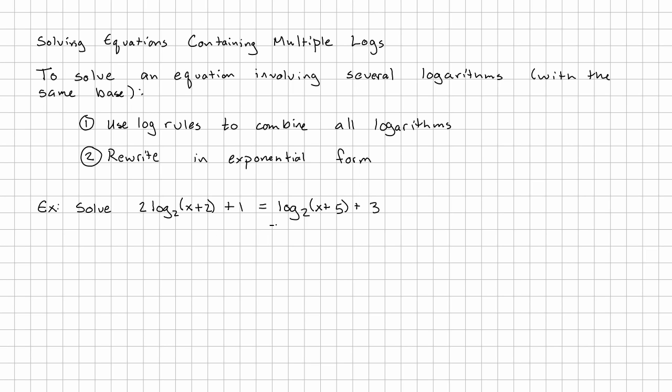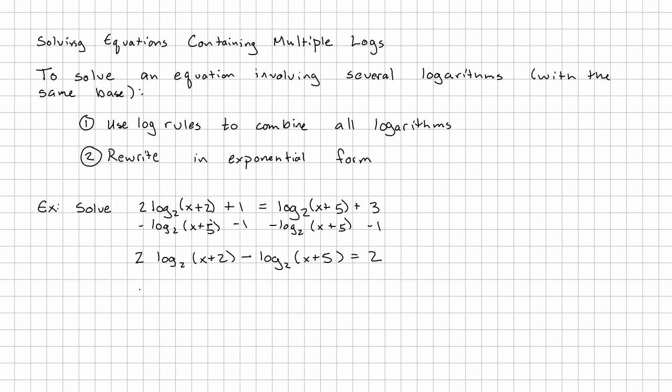We'll start by subtracting log base 2 of x plus 5 on both sides, and we'll also subtract 1 on both sides. That'll give us 2 log 2 of x plus 2 minus log 2 of x plus 5 equals 2.